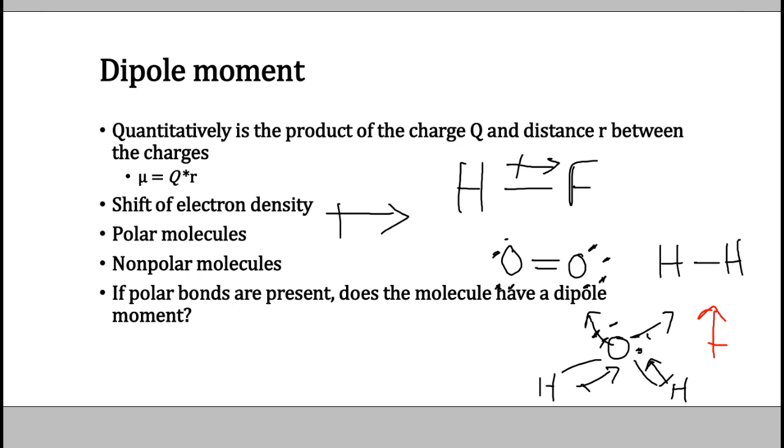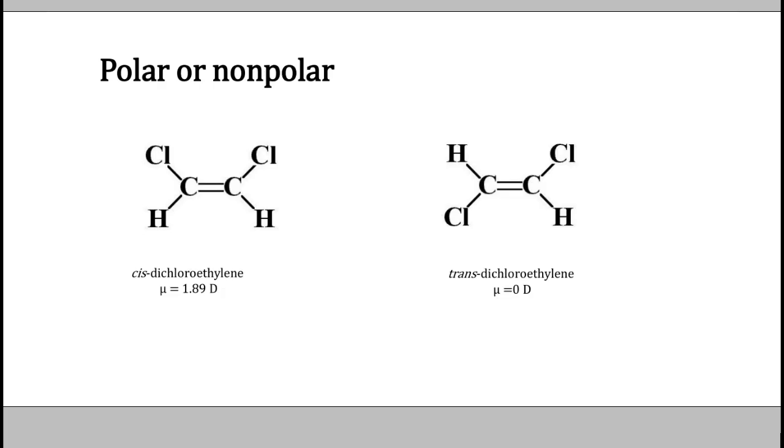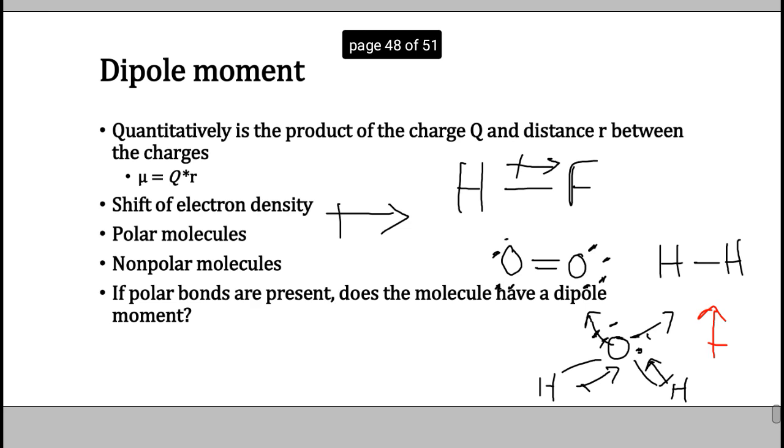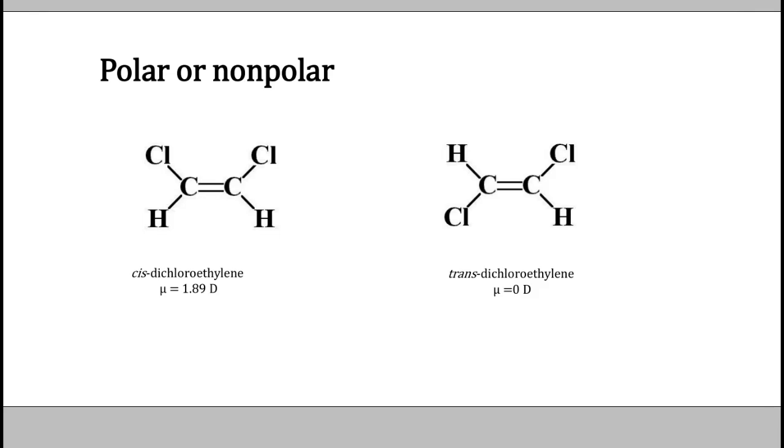Okay, so let's look at an example when we have polar bonds and maybe it's nonpolar. Okay, so here's an example of cis dichloroethylene and trans dichloroethylene. So let's go ahead and draw in our dipole moment. So we know that chlorine is more electronegative than carbon.